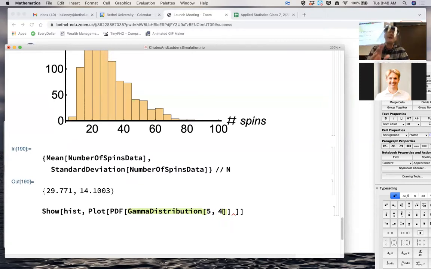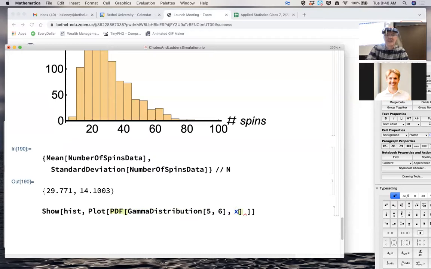I'm thinking about the fact that alpha times beta is actually the mean. Maybe I should do 5 times 6. This is alpha, this is beta. The meaning of alpha and beta is not clear. They're just distribution parameters. They just affect the graph in some mysterious way. Although we do know, if you look in chapter 4, that alpha times beta is the mean. I know the mean of the data is close to 30, so why don't I just try 5 and 6 and see what happens, since 5 times 6 equals 30.